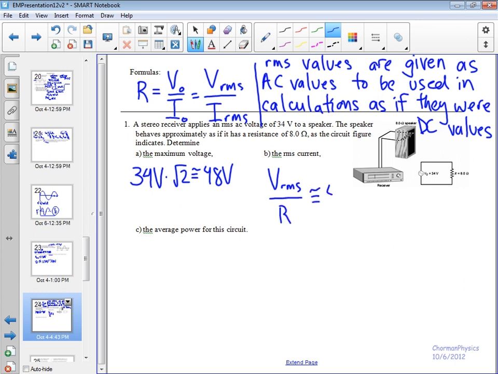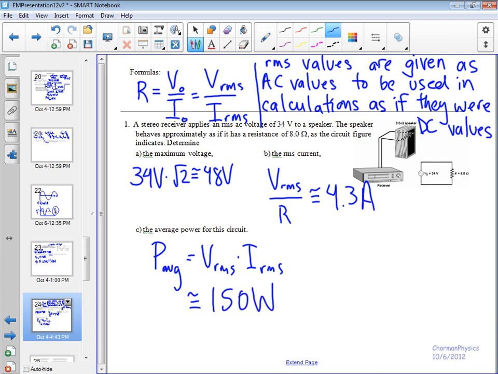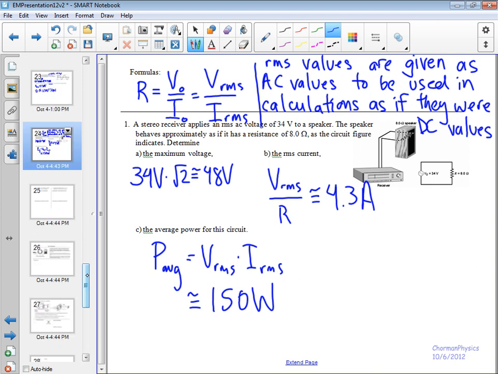The RMS current, which is just going to be V RMS divided by the resistance, gives us approximately 4.3 amps. And the average power for this circuit is just V RMS times the current, and that's equal to approximately 150 watts.